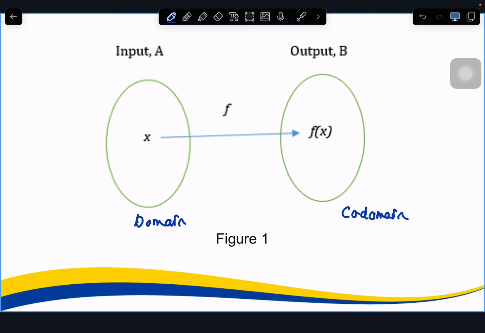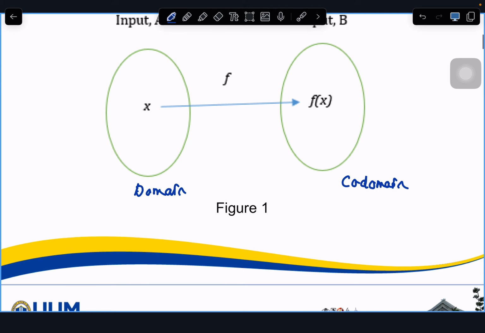Object and image, correct. Which one is object and which one is image? Domain is object and codomain is image. Okay, correct. So this one is object and this one is image. One more keyword for the domain. Range. Which one is range? Image. Image is range, yes.